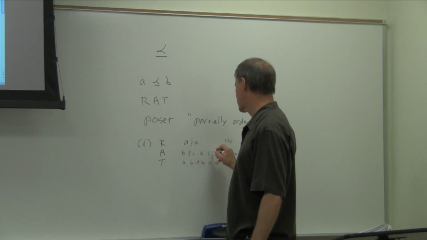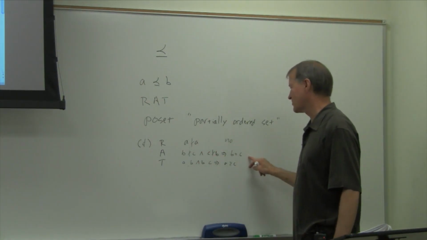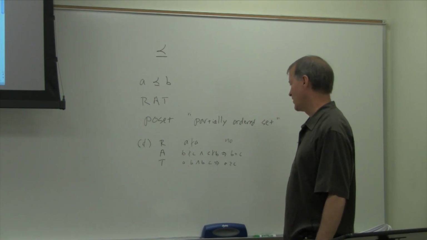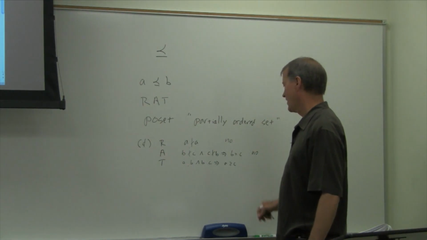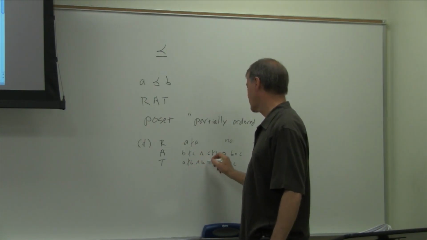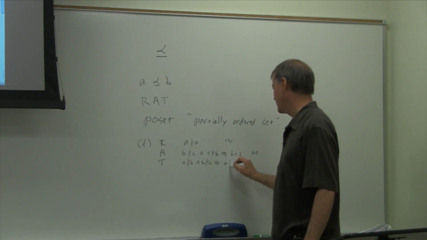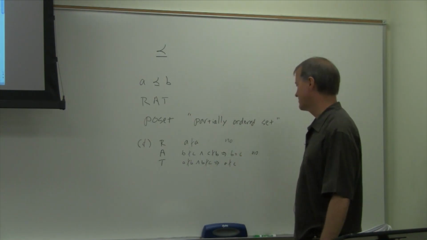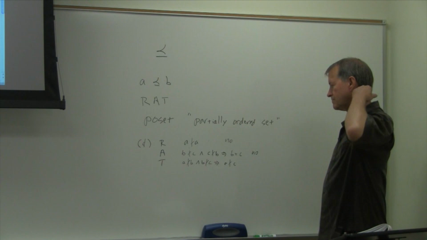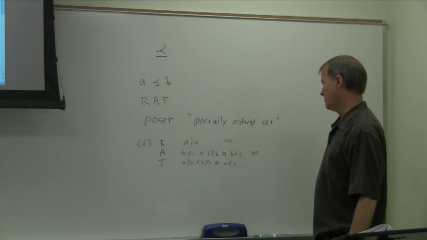B does not divide C and C does not divide B. Does that imply B equals C? No. How about A does not divide B and B does not divide C? Does that imply that A does not divide C? Maybe. Oh, interesting. No, it doesn't.